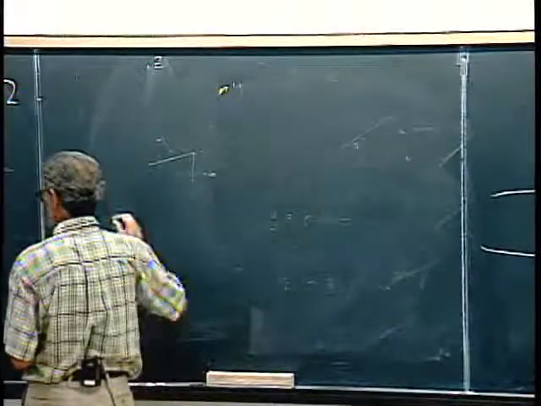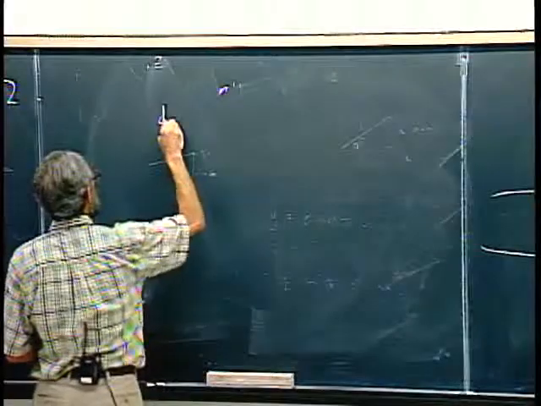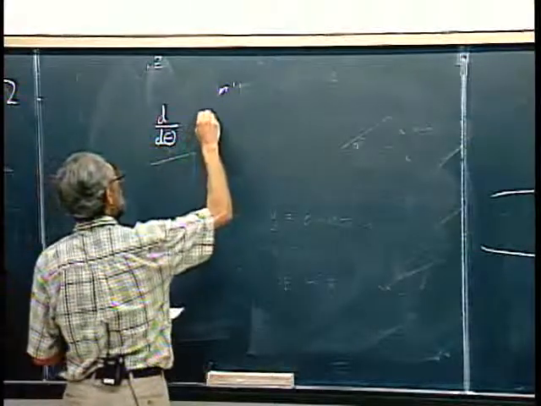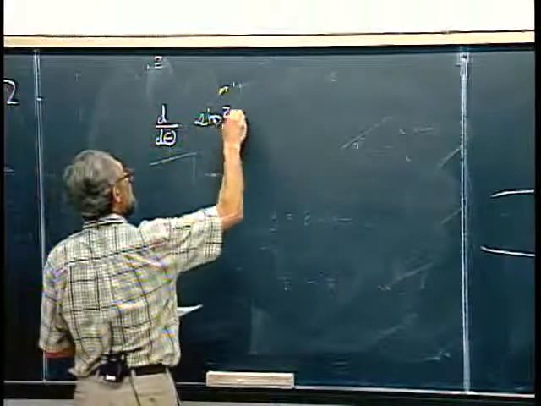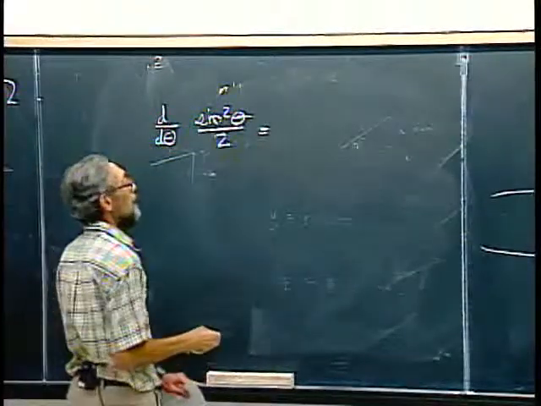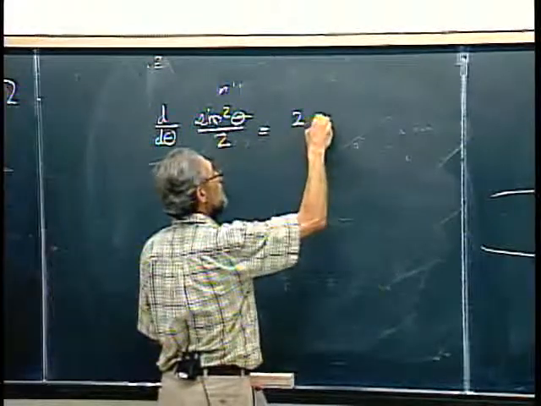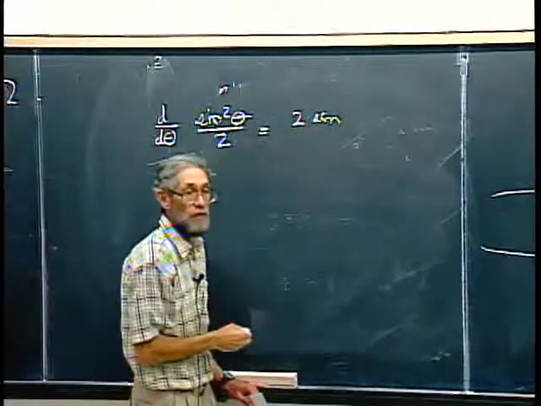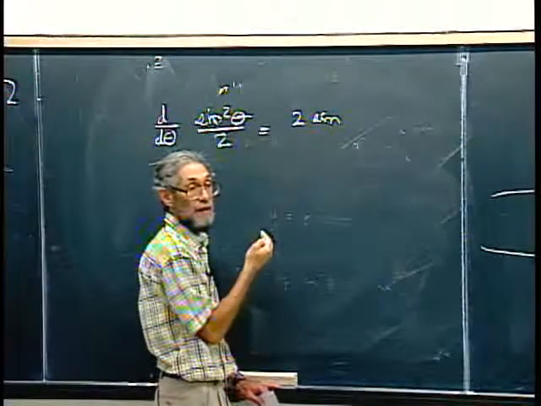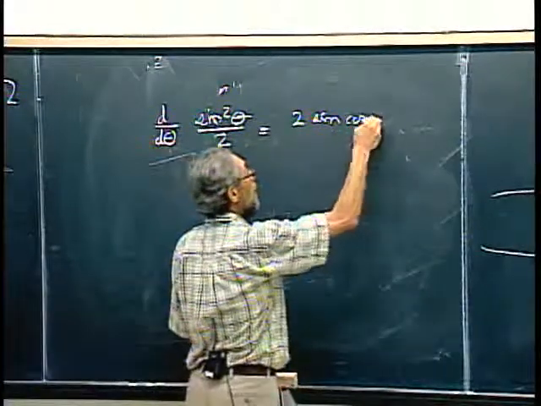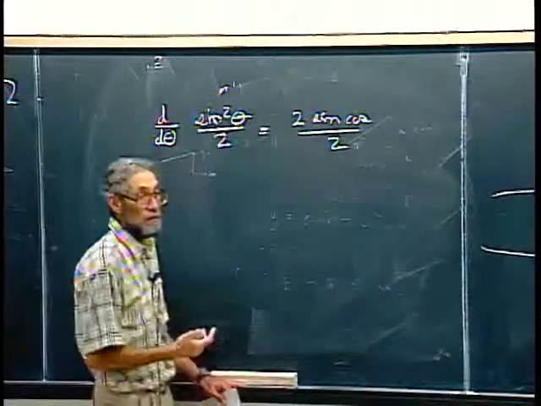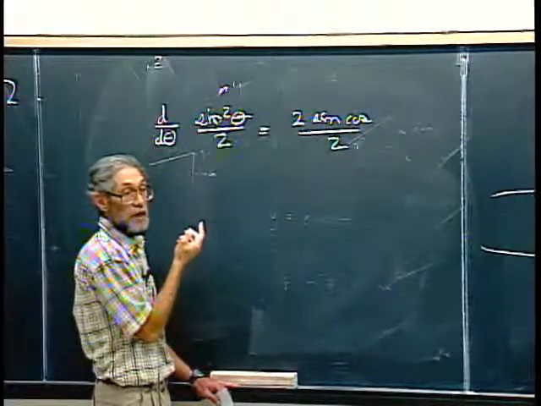So what I want to say is that d by d theta of sine squared theta over 2: the derivative of sine squared is twice the sine times the derivative of the sine, by the chain rule. What's the derivative of the sine? Cosine. Right? So I found something whose derivative is this thing I'm trying to integrate.